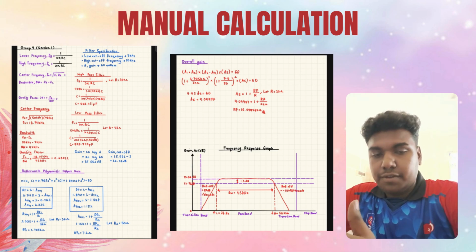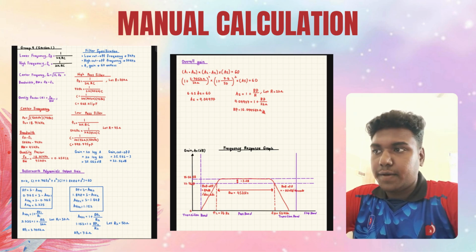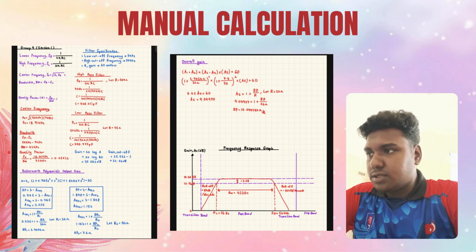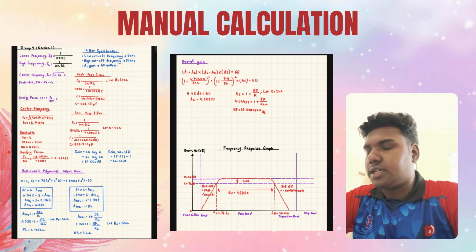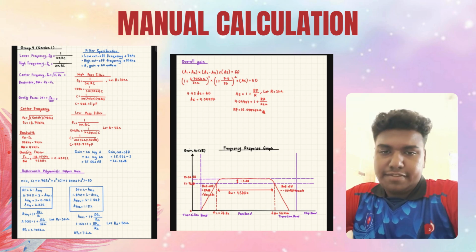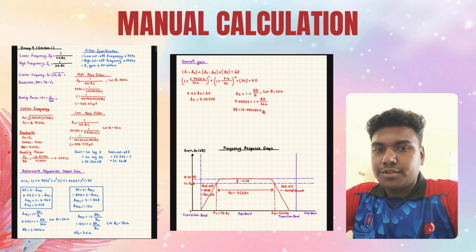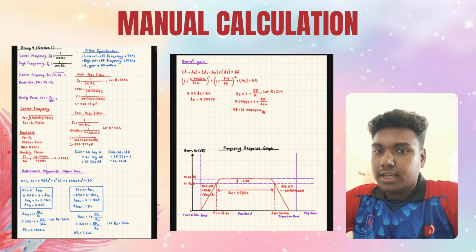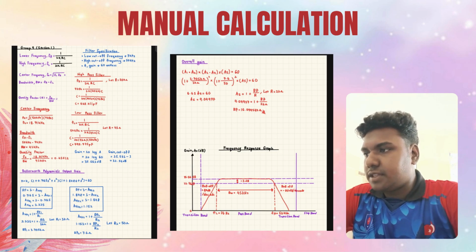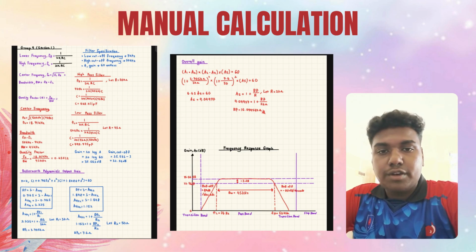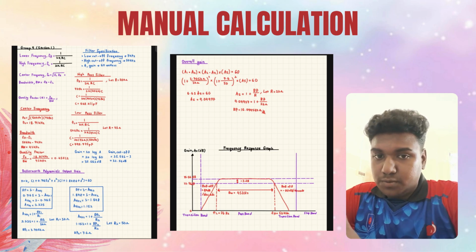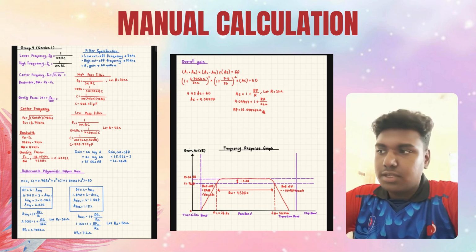For the process of finding this specification, first we find the lower frequency and higher frequency, FL and FH, for which we use 1/2 pi RC. Second, we find the center frequency FO, which is the square root of FL times FH.